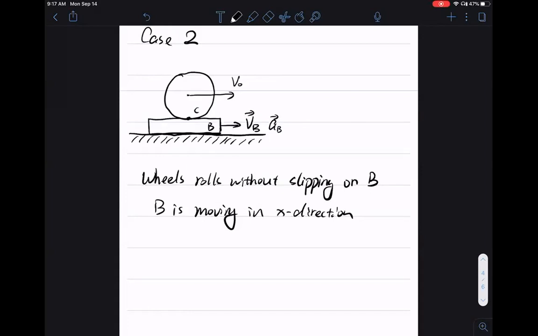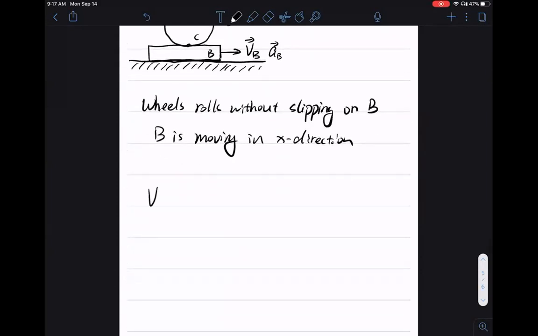In this case, in case 2, the velocity at point C equals the velocity of B. So VC in the X direction equals VB. VC in the Y direction equals 0.